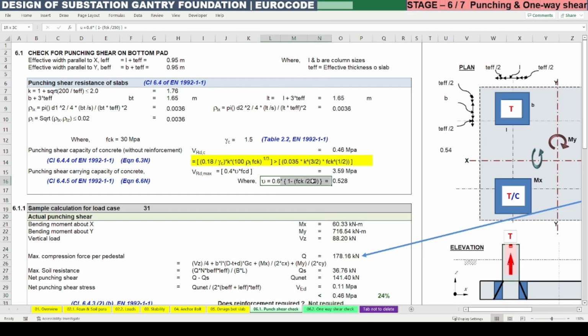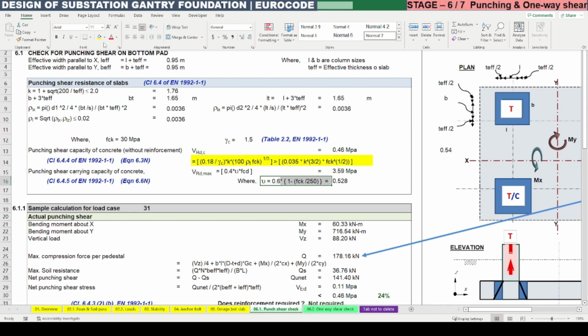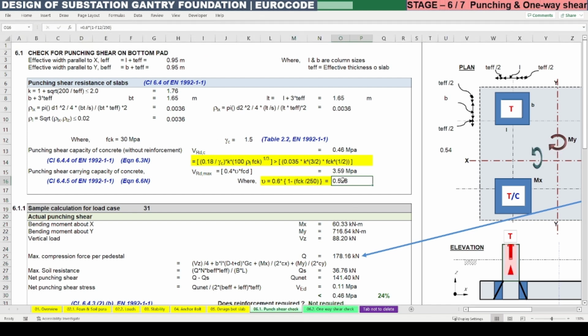So this is the equation we have arrived at, and the value for this is 0.6 into (1 minus fck, which is 30 megapascal, divided by 250), which is 0.528. Applying this equation, whereas fcd is nothing but 0.85 times fck divided by gamma c, which is 3.59 megapascal.